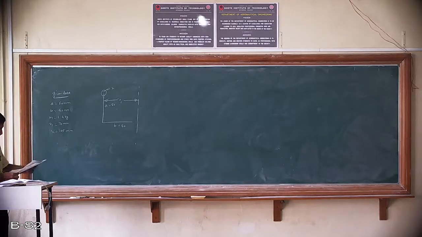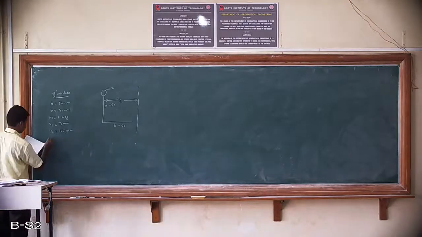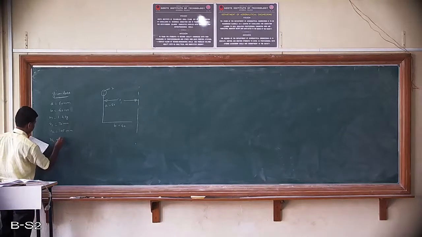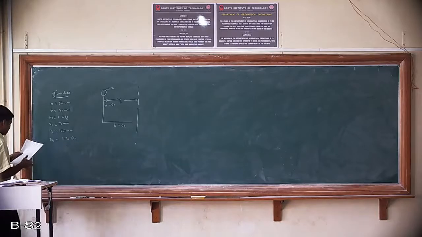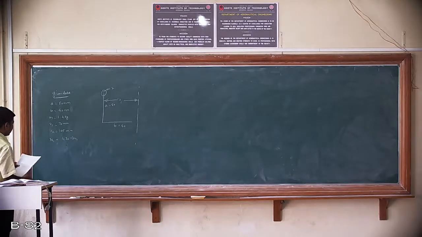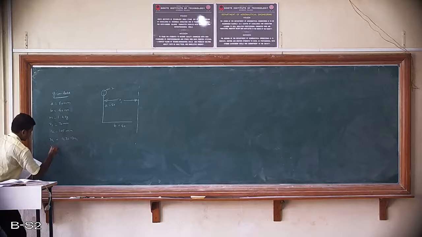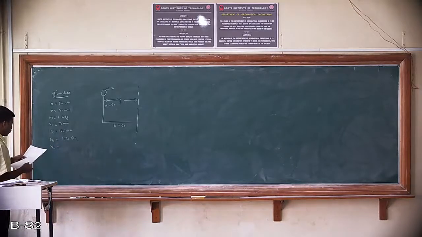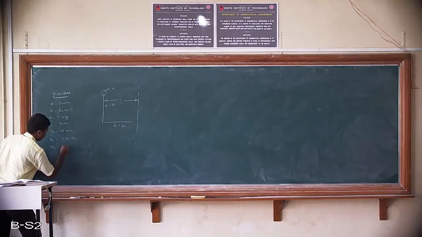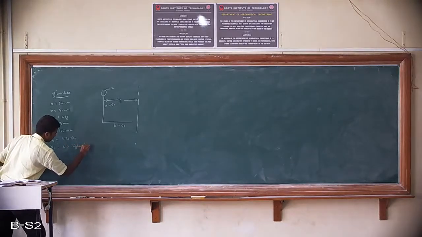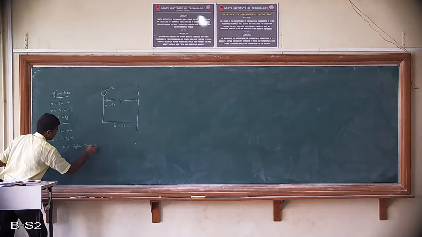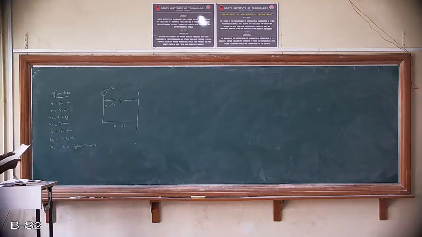Instead of giving N1 and N2, he has given only N1, which is 420, and N2 is 4% higher than N1.